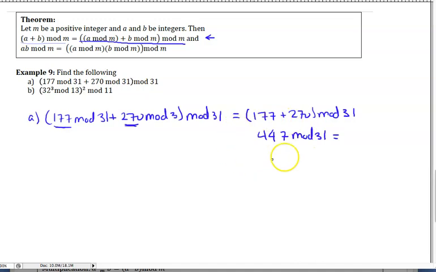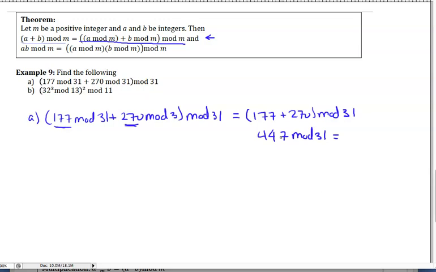And we can evaluate this because it tells me, give me the remainder of this division. If I divide 447 by 31, let's see what we get. 447 divided by 31 gives me 14, but there's a remainder.